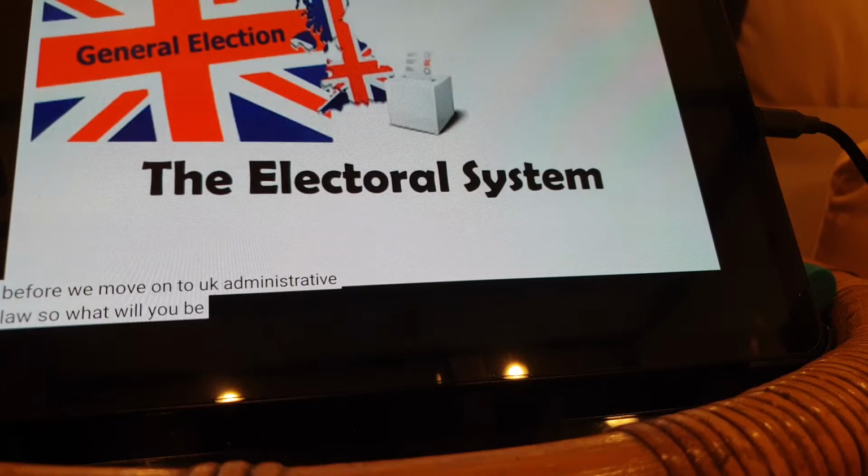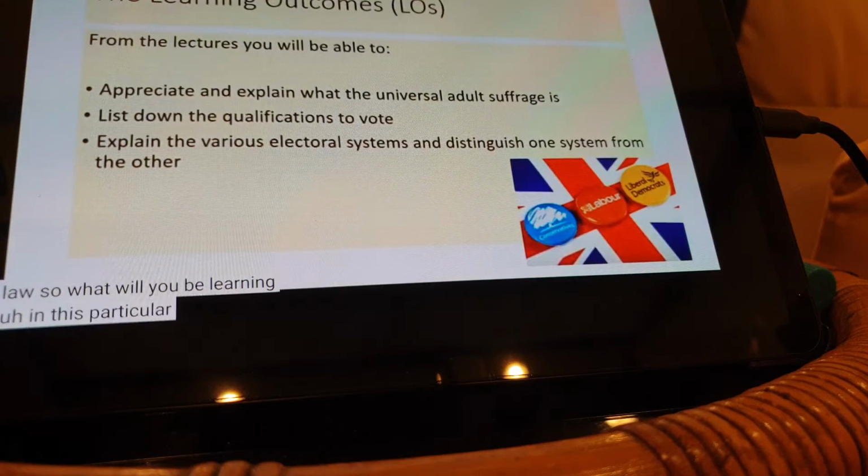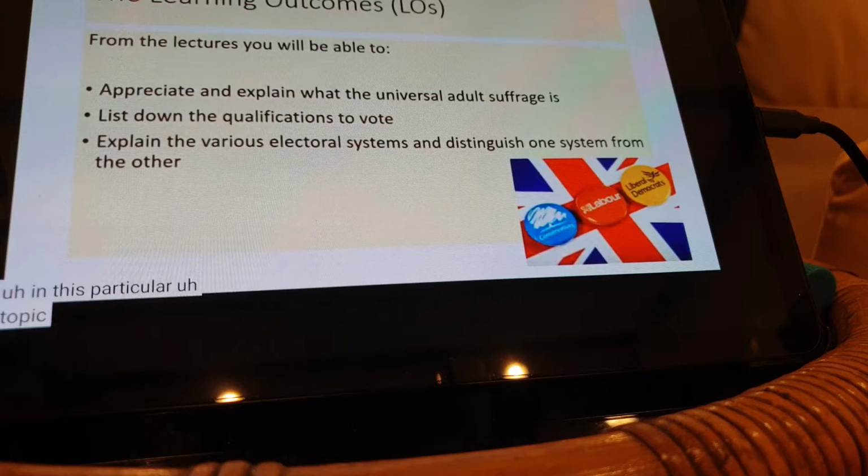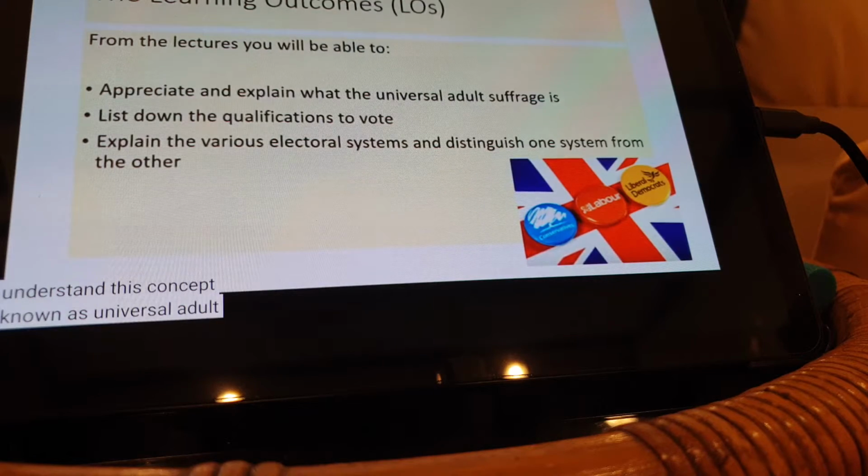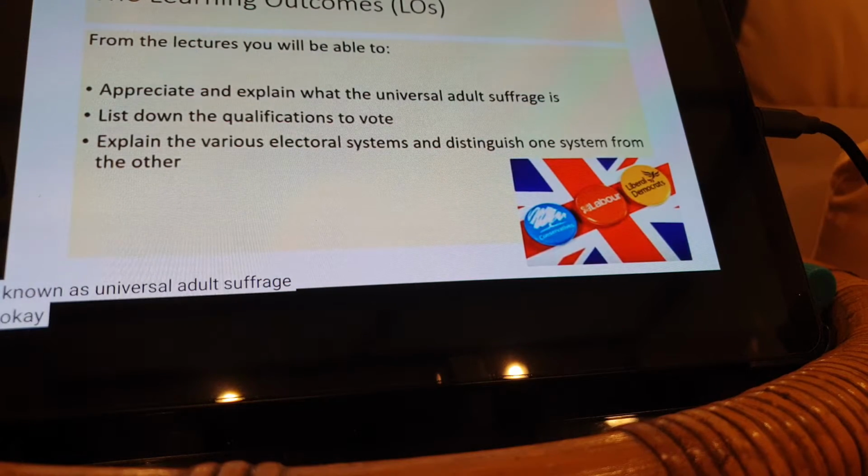So what will you be learning through this topic? You will understand this concept known as universal adult suffrage. This is something you may not have heard of.